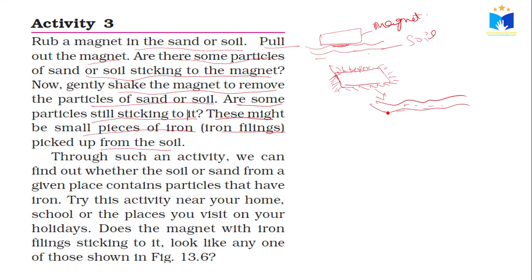Okay, so in between the sand or the soil, there are some particles which we will be calling small pieces of iron. These small pieces are present in the soil itself. Whenever we rub this magnet into the soil, those small pieces of iron are picked up from the soil by the magnet. Through such an activity, we can find out whether the soil or sand from a given place contains particles that have iron.